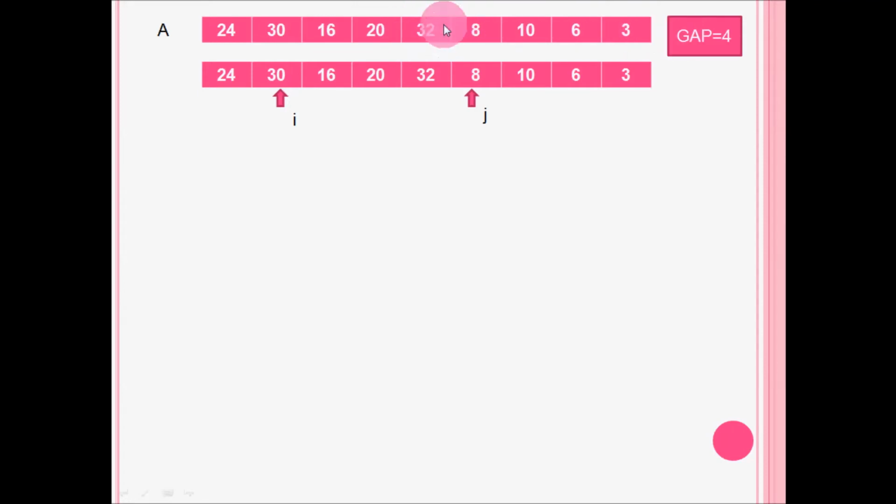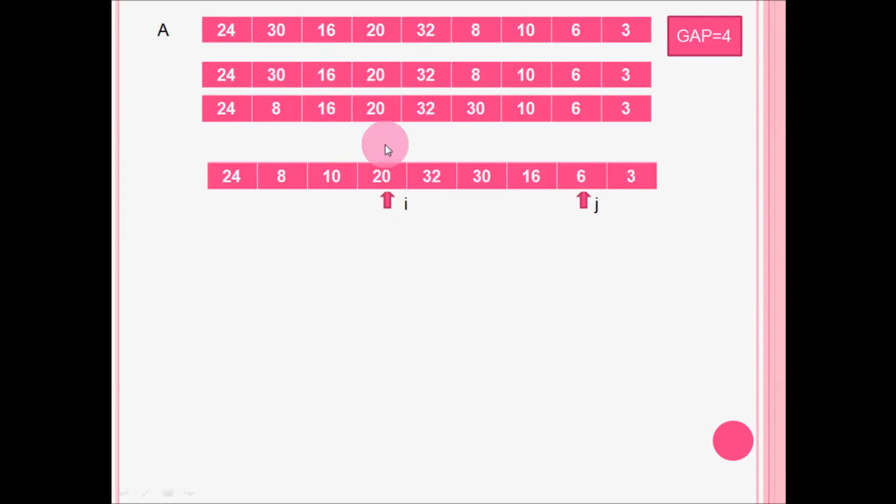This will be our starting condition for J. And J we are incrementing by 1, and J minus gap gives us I every time. The gap is 4, so J minus 4 indexes gives I. So I is again incremented here by J minus gap.